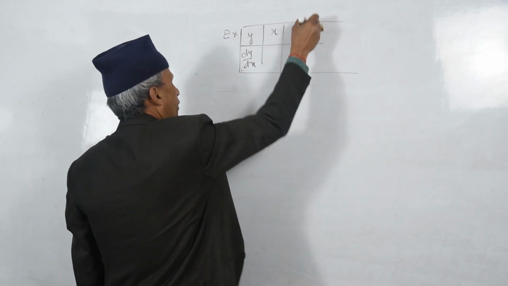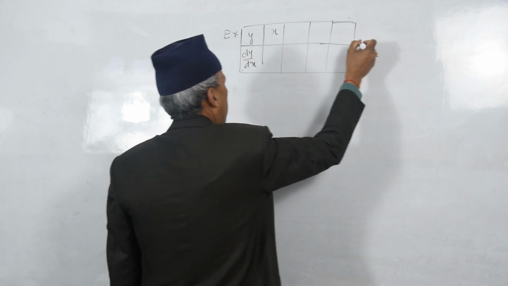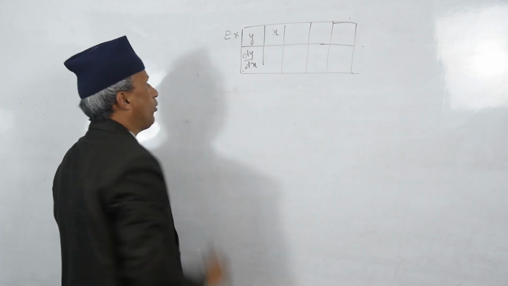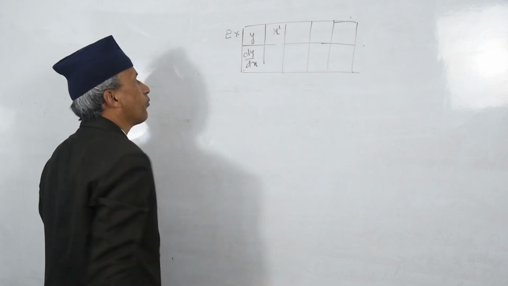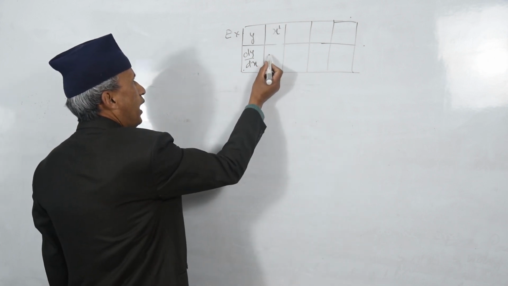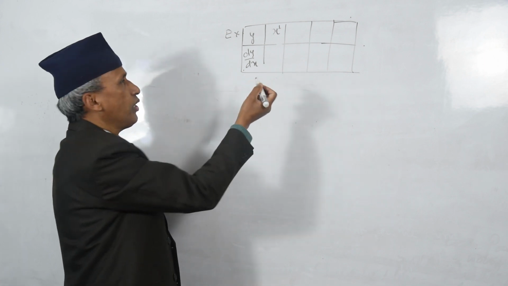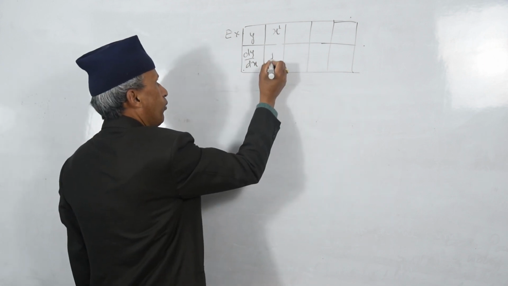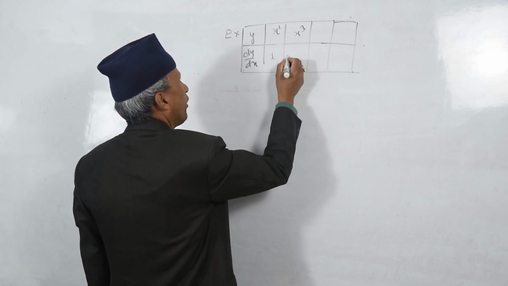So we can see different values. How are these derivatives done? x has a power 1, that means 1 into x to the power 1 minus 1, that is x to the power 0, which is 1. So the derivative is 1. For x cube it is 3x square.